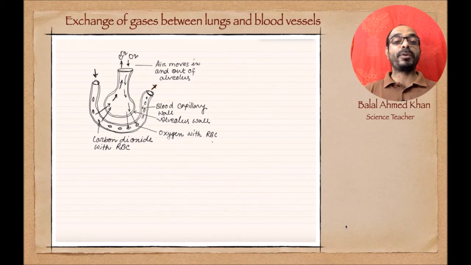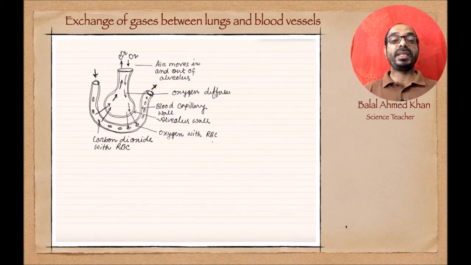When it releases carbon dioxide, stable RBC is produced. So RBC acts as a transporter and also a receiver. Oxygen and carbon dioxide form unstable bonds: with oxygen, the unstable bond oxyhemoglobin; with carbon dioxide, the unstable bond carboxyhemoglobin.